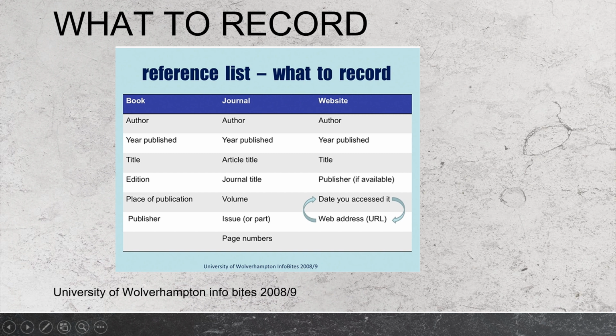Then you have journals. In a journal, you have several more things to take care of. You also have to take care of the year published, the journal title, the issue and the volume, right? Sometimes in journals, these are two separate things which you have to be careful about. In a website, things are sometimes tricky because on websites the data changes.